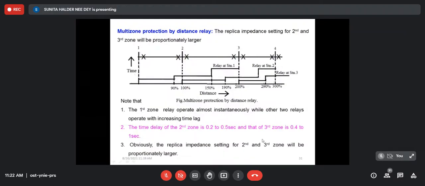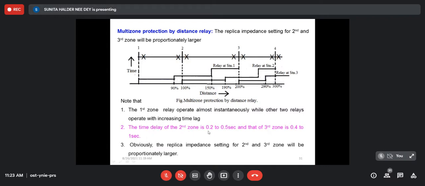So if we consider a single or radial transmission system, we may consider this as a three-step, three-zone protection. Then the first zone protection will be given instantaneously without any time lag.